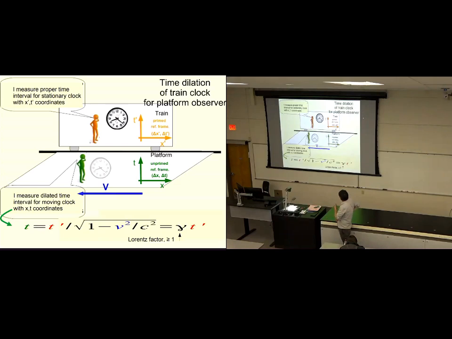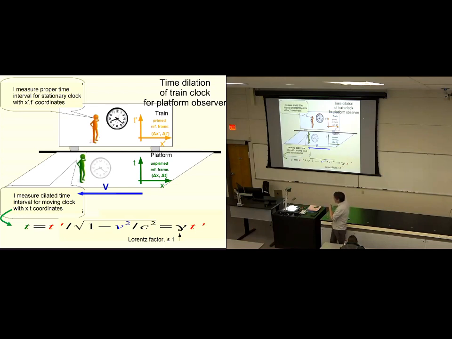The other thing I've changed in this slide is, in the last slide we were looking at the station clock. The person on the platform saw the station clock as stationary, and it measured the proper time between seconds. The person in the train saw the station clock as moving, and that's where we saw the time dilation effect. In this case, we're going to be looking at the train clock.